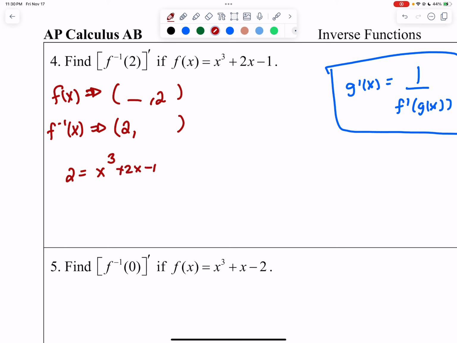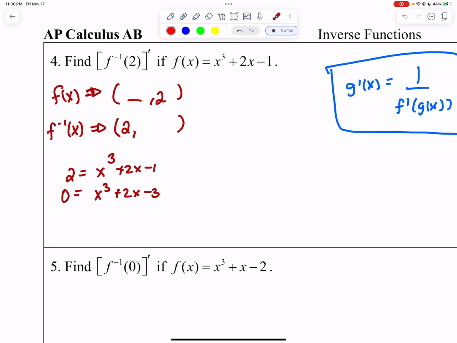So that's going to give me 0 is equal to x cubed plus 2x minus 3. Now, here's a problem about this now. I can't factor this because this is a cubic. So the only thing that we can do at this point is probably use guess and check, and let's say the rational root theorem that you guys learned back in pre-calc.